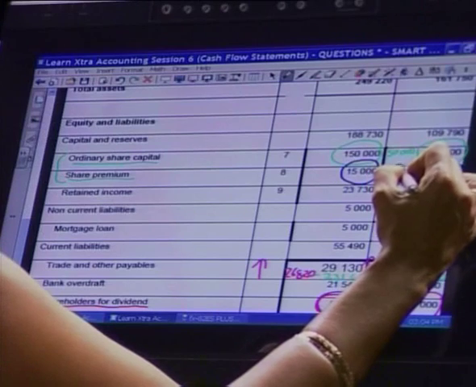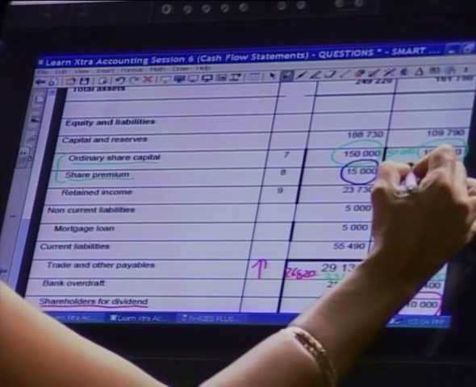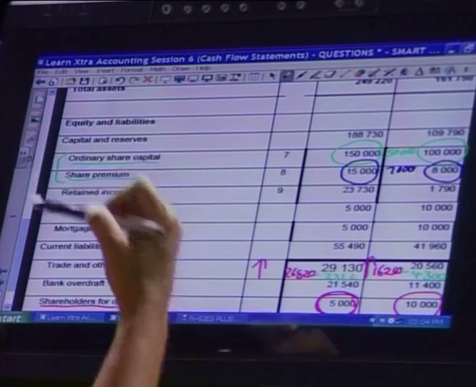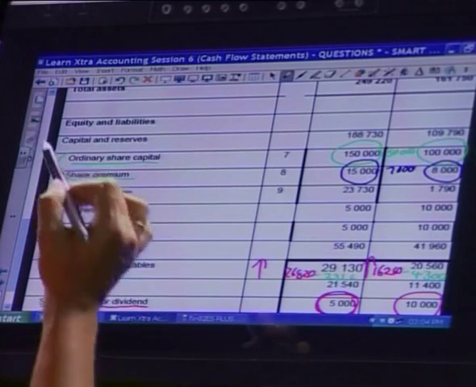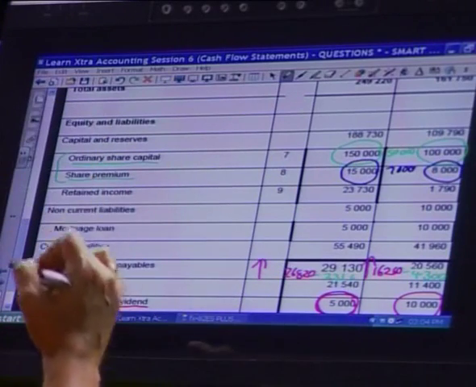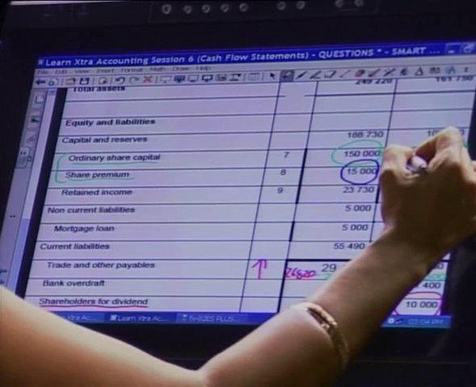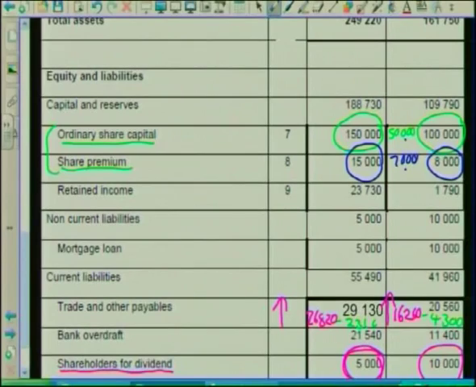And if we look at the difference, shares were issued at a premium of 7,000 Rand. So immediately, guys, your total proceeds from the issue of shares is my 50,000 plus 7,000 to give me a proceed of 57,000, and that's what I take to my cash flow statement.